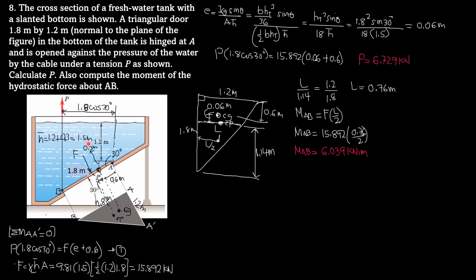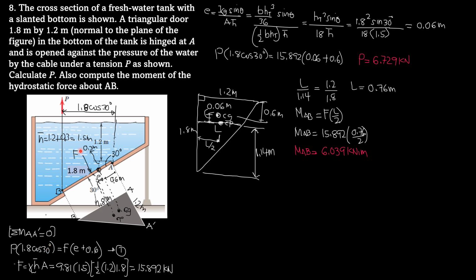so 1.5 meters. So the summation of moments about AA prime is equal to, so we have P, this moment arm is 1.8 cosine 30 because that's 30 degrees, and this is 1.8. So the horizontal projection is 1.8 cosine 30.